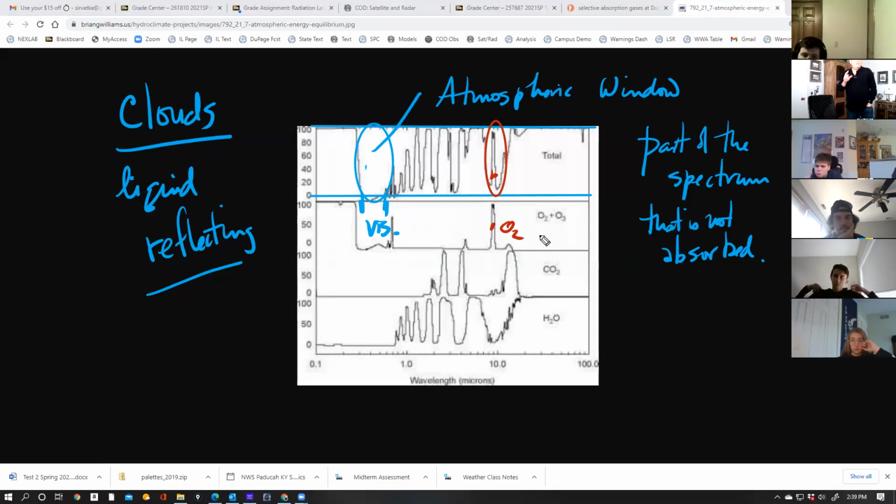But basically, what's in that red circle is a big atmospheric window. Because ultimately, what has to happen to the Earth's radiation? It has to escape.